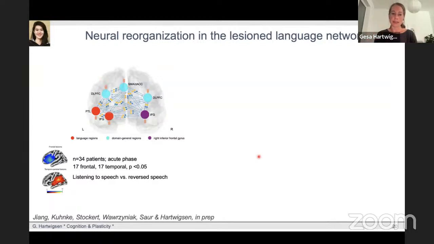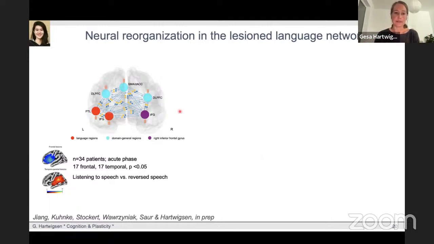We chose these regions because they showed increases in task-related activity during recovery. So we thought, now we look at the changes in their interaction profiles. And this is, again, dynamic causal modeling, where you can look at changes in task-related interactions and also make inferences about the direction of such changes.